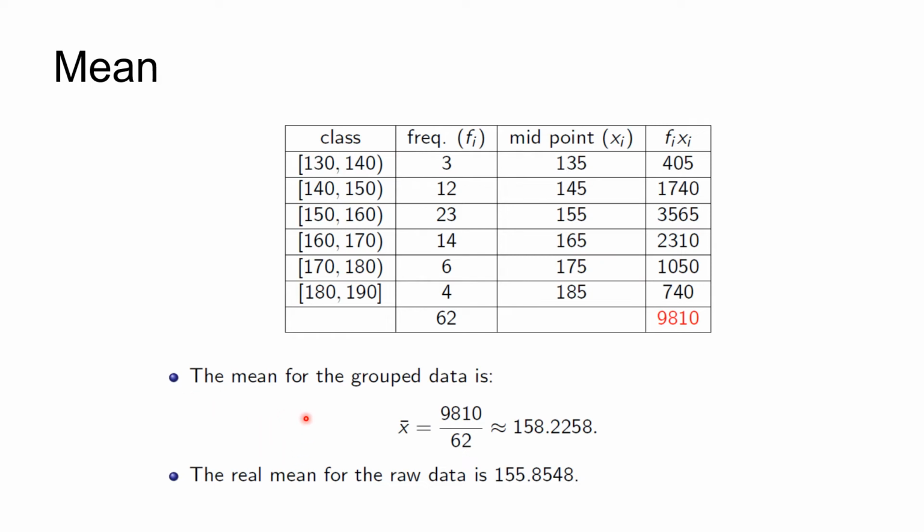So the mean, that means the average of the data, is simply the sum of the frequency multiplied by the midpoint over the total data available, which is 62 in this case. And so the mean for the raw data is actually 155.8548.